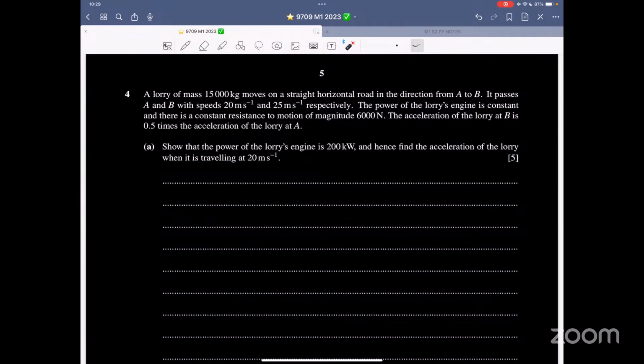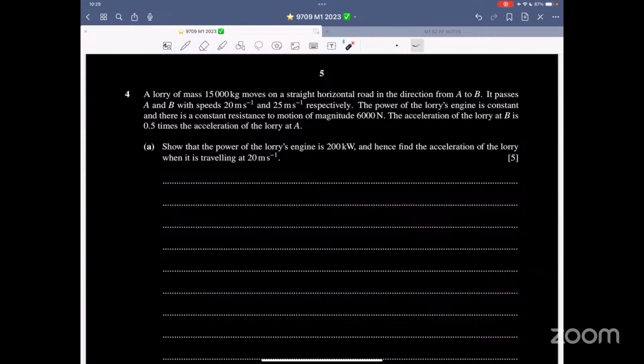It says a lorry of mass 15,000 kg moves on a straight horizontal road in the direction from A to B. It passes A and B with speeds of 20 meters per second and 25 meters per second respectively. The power of the lorry's engine is constant and there is a constant resistance to motion.